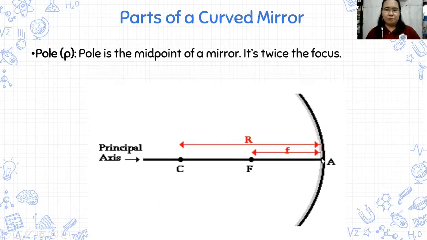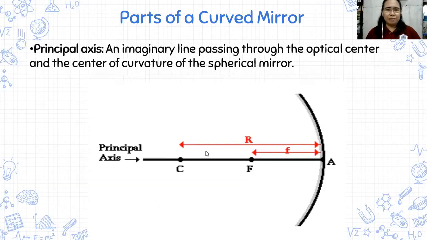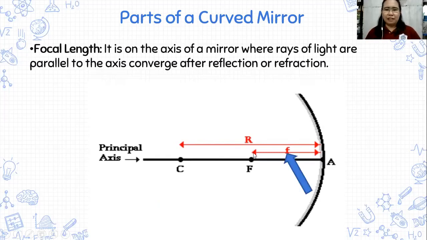It's twice the focus. So focus is this point, where light rays parallel to the principal axis will converge after reflecting from the mirror. Then principal axis is this line, passing through the optical center and center of curvature of the mirror. And then the focal length is this line.